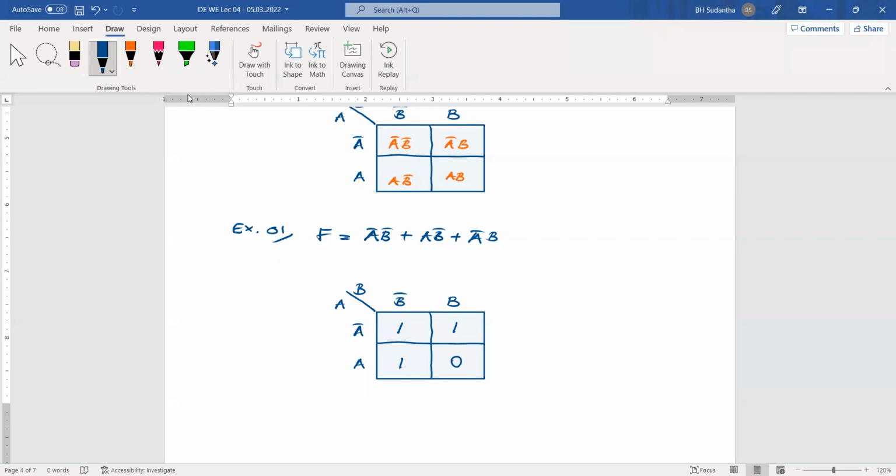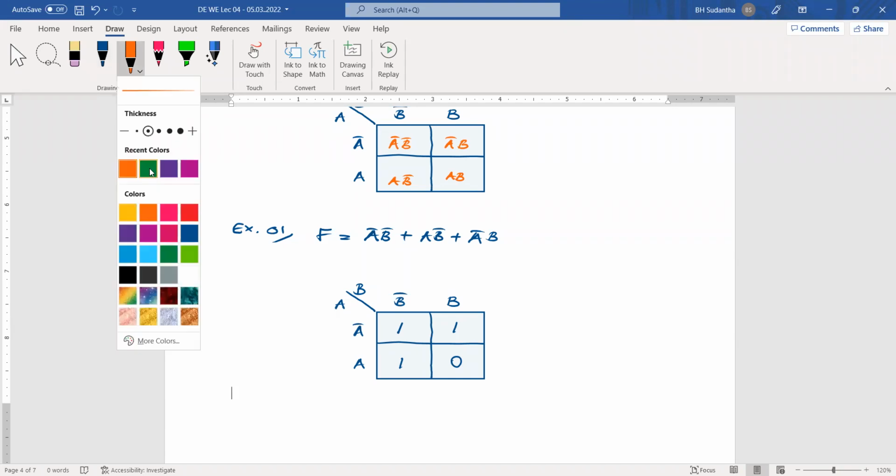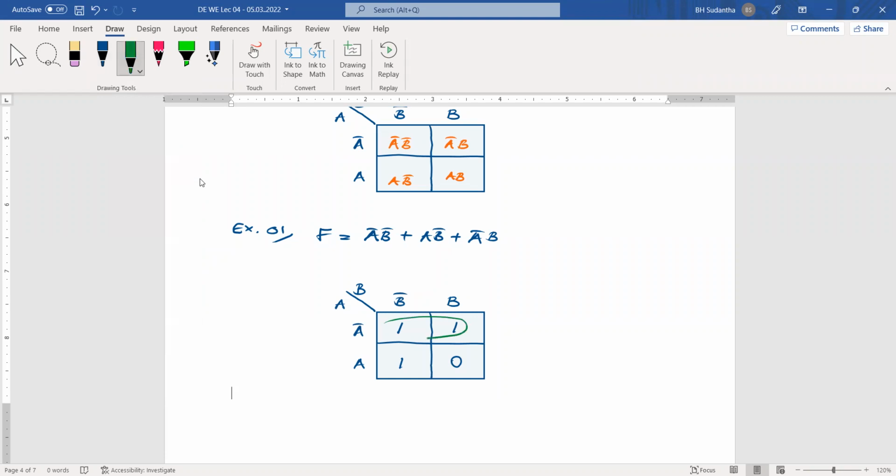Now we have to minimize. To do the minimization, what we want to do is group these. Then we can make a group like this. After that, we have to name it. If it is possible to give a name for this group, that means that you have marked the group correctly. What is the name for this group? Actually, we have taken the entire A bar row.